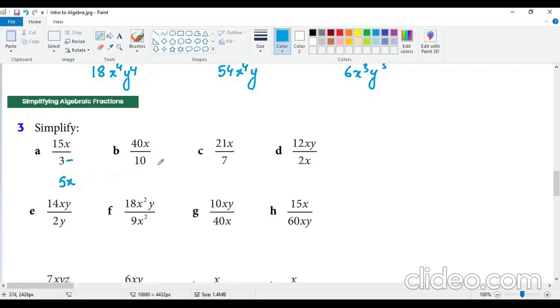In here, you cancel the zeros and you have 4x as an answer. 7 times 1, 7 times 3, that means 3x is going to be your answer.